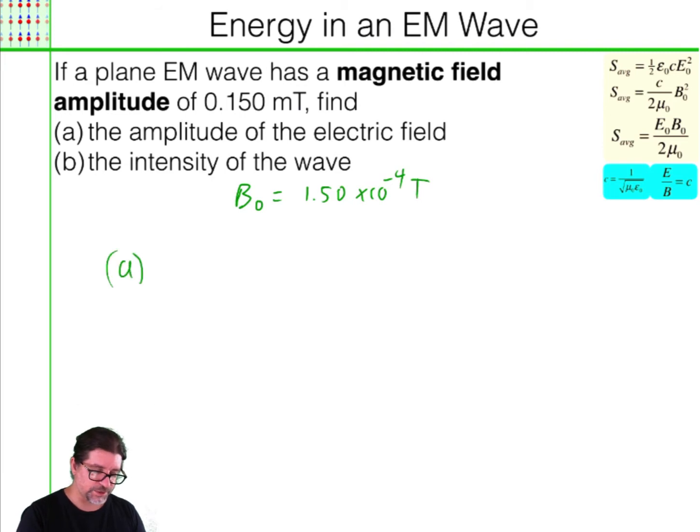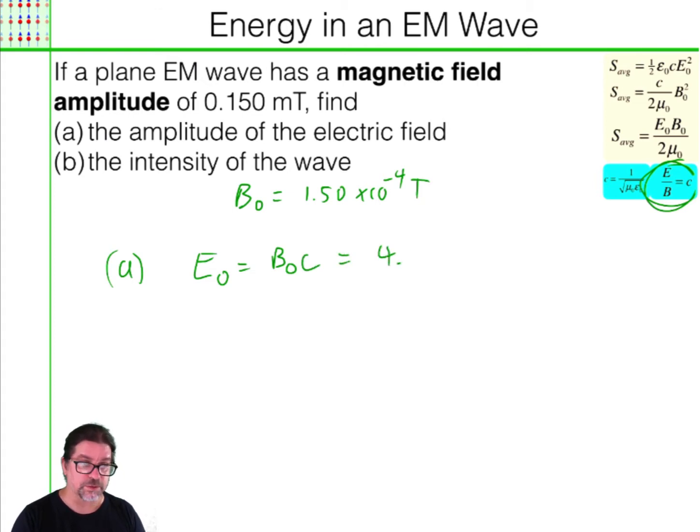To find the amplitude of the electric field, we use this over here, right? So E naught is equal to B naught times c. If we plug in our values, we get an amplitude of about 4.50 times 10 to the 4 volts per meter.